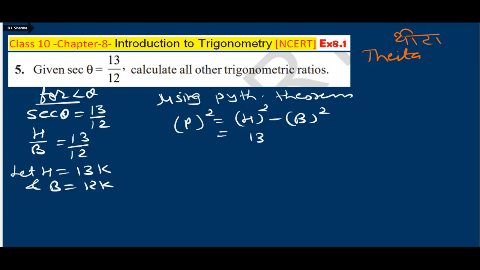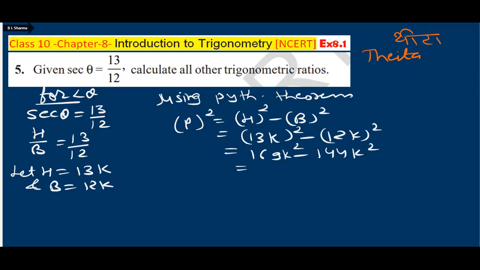So that is 13K whole square minus 12K whole square, that is 169 minus 144 K square, that is 25K square.